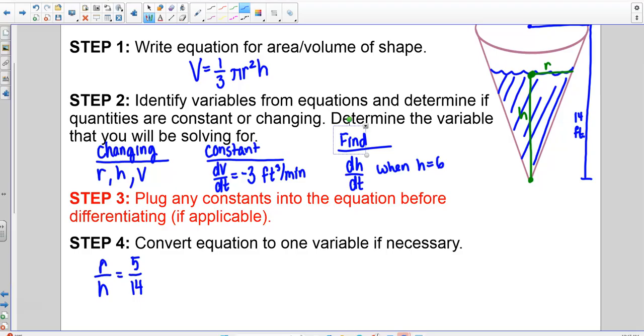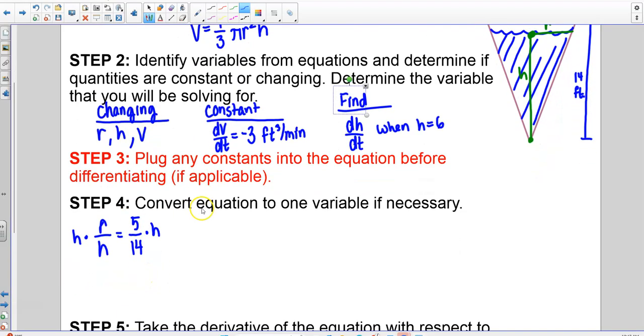Right? So, if this is true, then I could solve this equation for either r or h. But in this case, I want to solve for r because I want to replace r. So all I've got to do to solve this for r is just multiply both sides by h. And so r equals 5 over 14 times h.